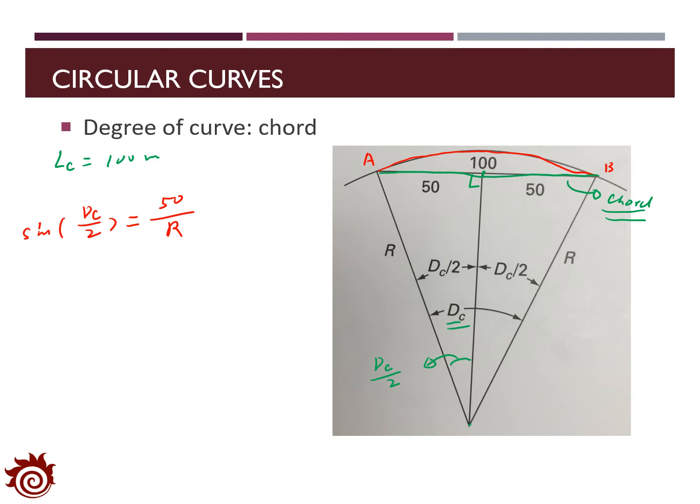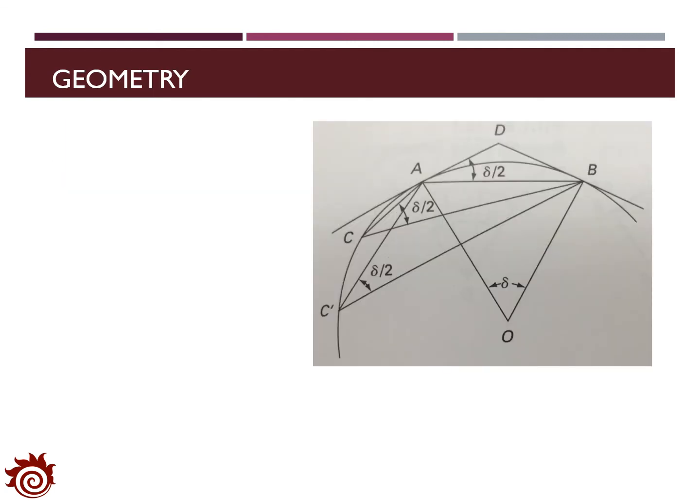In the estimation of the horizontal curve, we also need to apply some geometrical facts. In this figure, if we assume that the angle of the arc from A to B is delta, then the angle DAB is half delta.